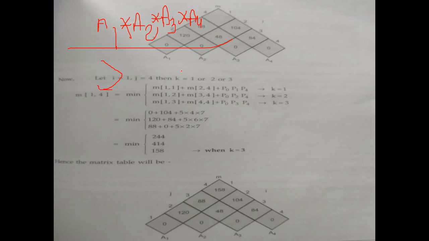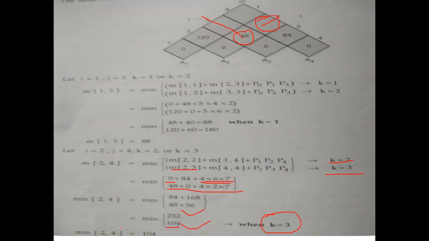So for it we will have three different ways. If we separate A1, then our result says A1 into A24. Here 24 says your result will be A23 plus A4, and its result is 104.